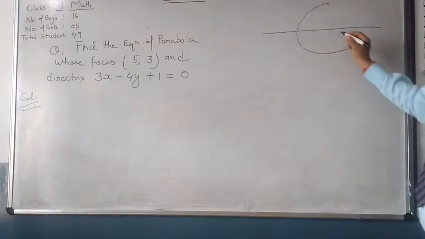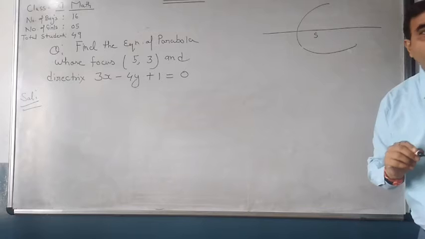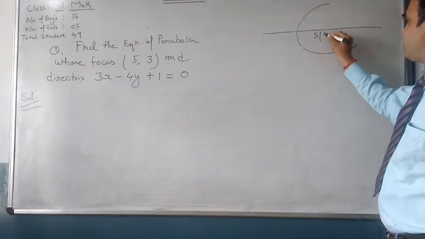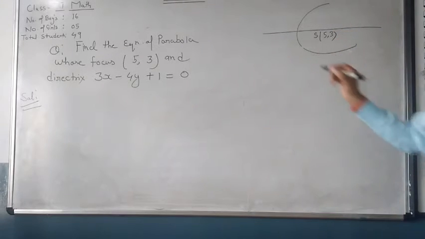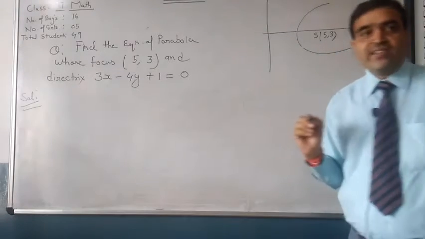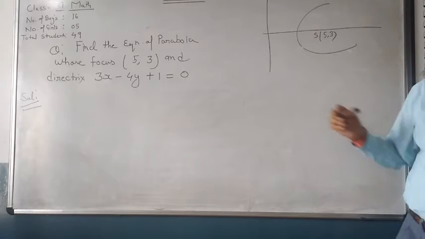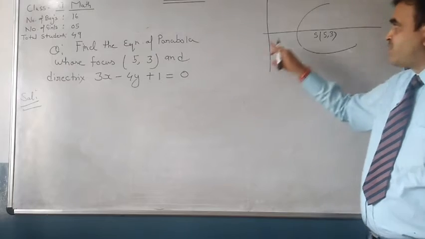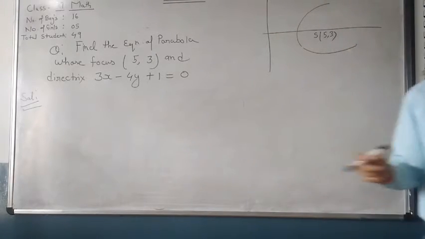Now take the focus S. The coordinate of the focus is given as (5, 3), and this straight line is known as the directrix of the parabola. The equation of this line is given as 3x minus 4y plus 1 equals 0.